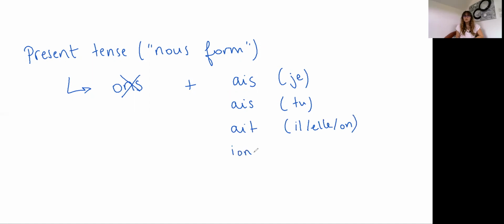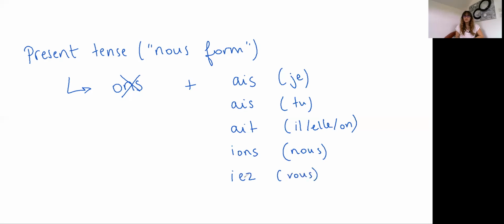So almost the same as the present, but you just add an i, which doesn't look like much, but when you are pronouncing that i, it makes it very clear it's the imperfect. This i is basically the signature of the imperfect. That's how people are going to recognize that it is the imperfect.